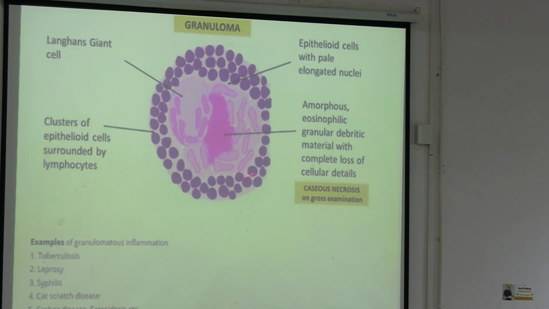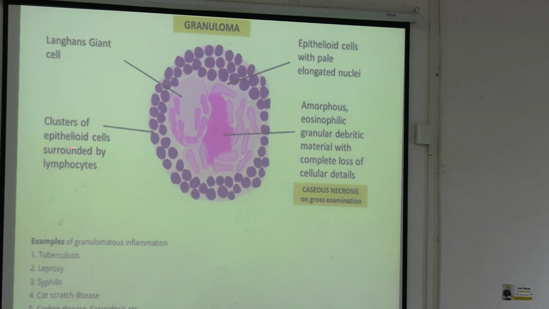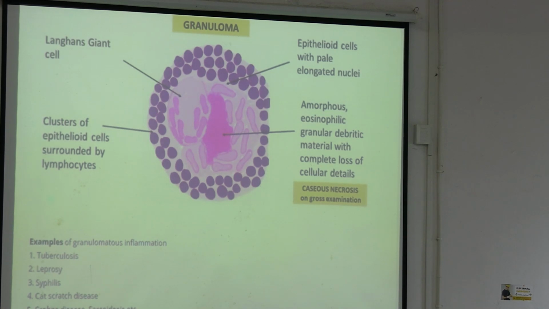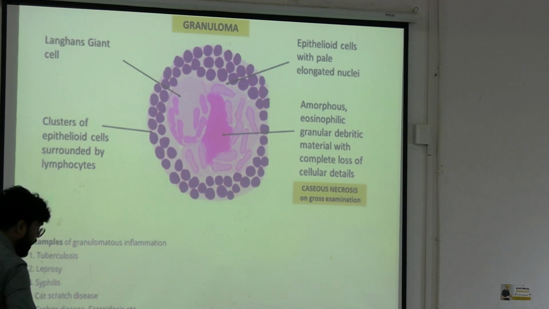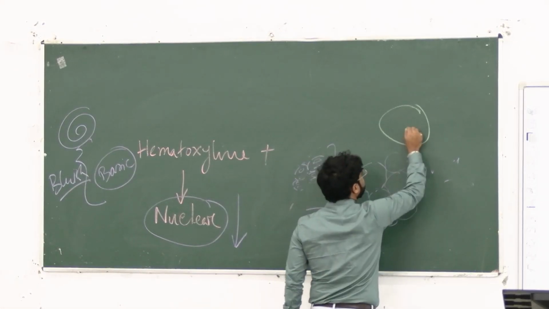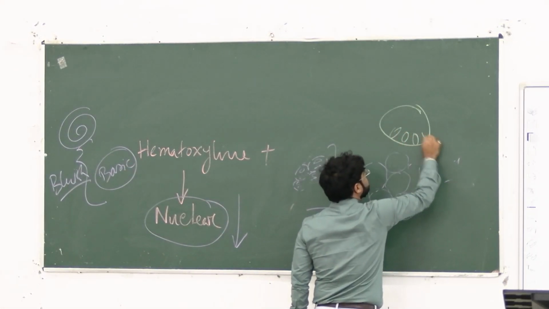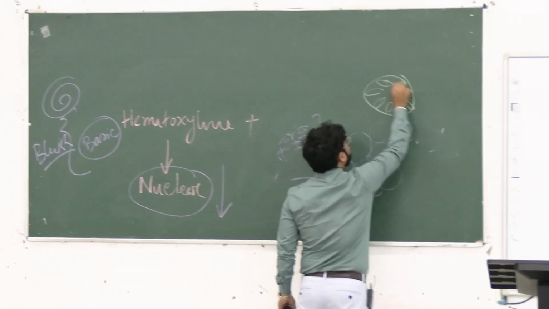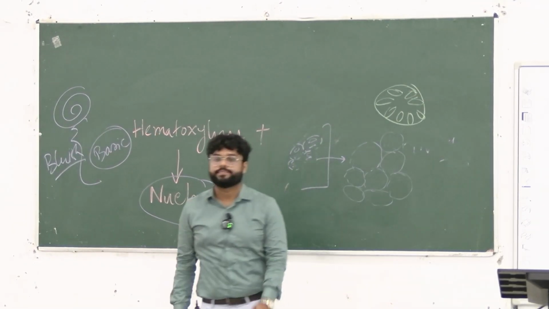Multinucleated giant cells একই রকমের cellular structure থাকবে, slipper-shaped nucleus, and those nuclei are arranged in a horseshoe-shaped pattern. Suppose this is the cellular outline and the nuclei are present in the periphery in a horseshoe-shaped pattern.